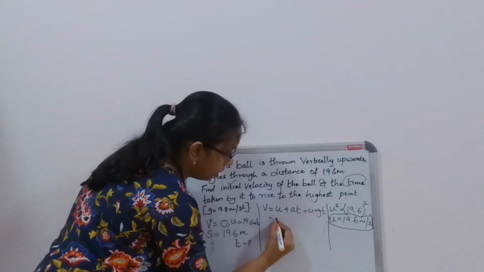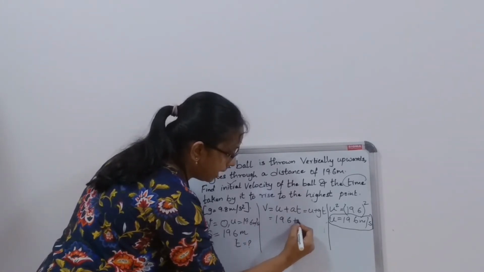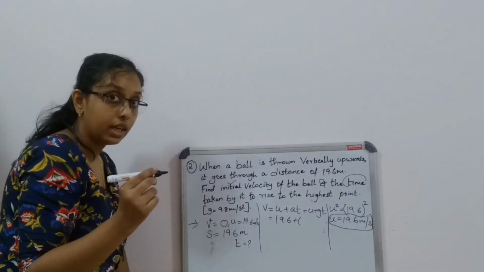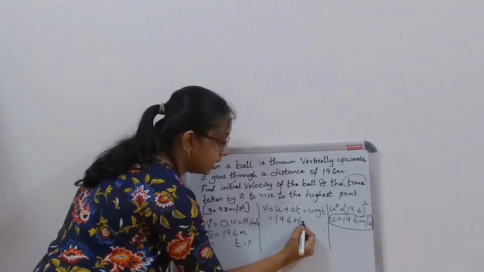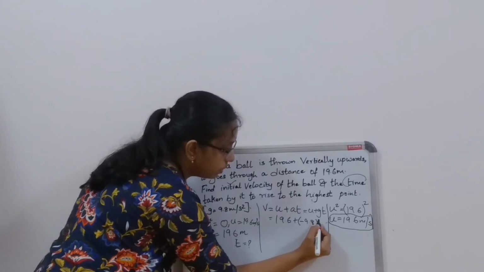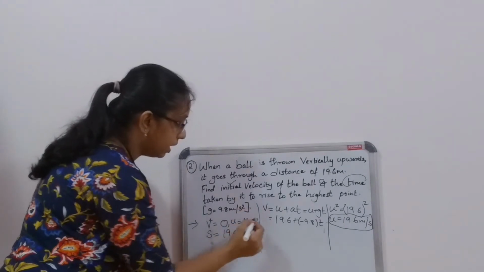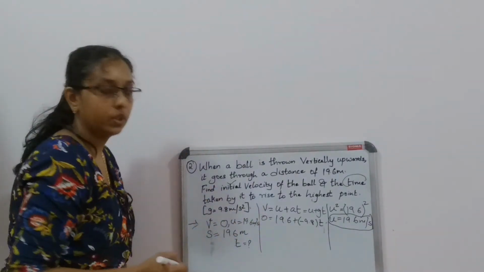Here u is given as 19.6 plus g, retardation, remember we will use the negative sign, 9.8 into t, we have to find out, isn't it? What is v here? Again it is 0.